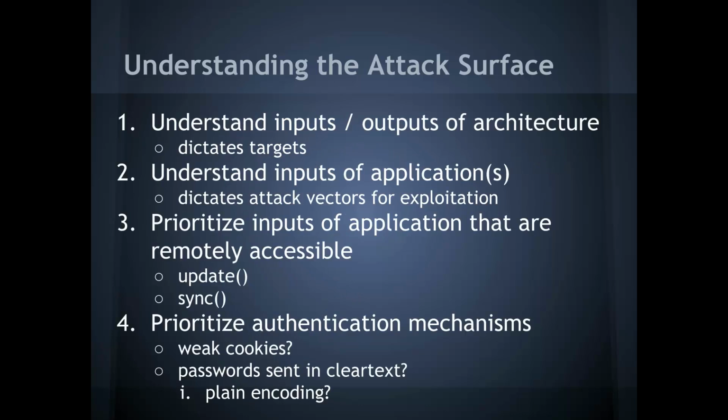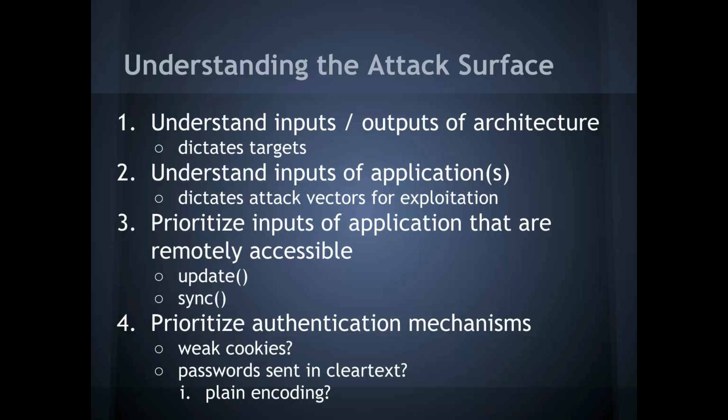Really, the art of understanding the attack surface breaks down into four steps. You have to understand the inputs and the outputs of the architecture, and you have to understand the inputs of the application itself, because those dictate the attack vectors, usually for exploitation of that application itself.